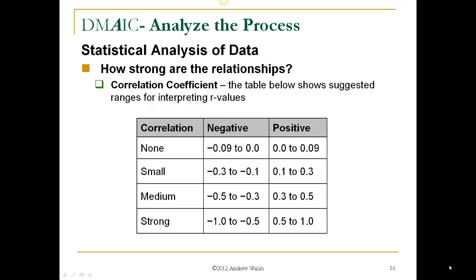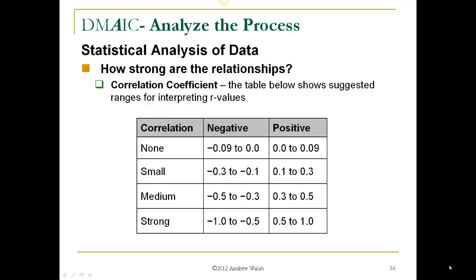Now the correlation coefficient. The table below shows suggested ranges for interpreting R values. If the value is from 0 to 0.09 or 0 to negative 0.09, there really is no correlation whatsoever. 0.1 to 0.3 or minus 0.1 to minus 0.3 is small, probably negligible, again, probably nothing. 0.3 to 0.5 or minus 0.3 to minus 0.5, there seems to be some degree of correlation, medium.